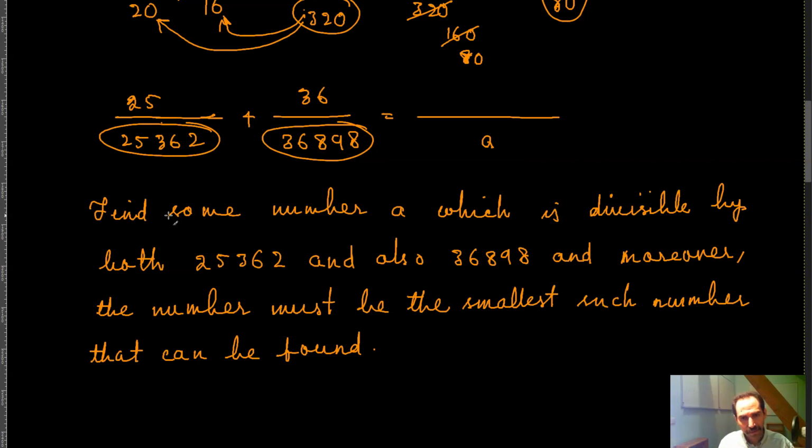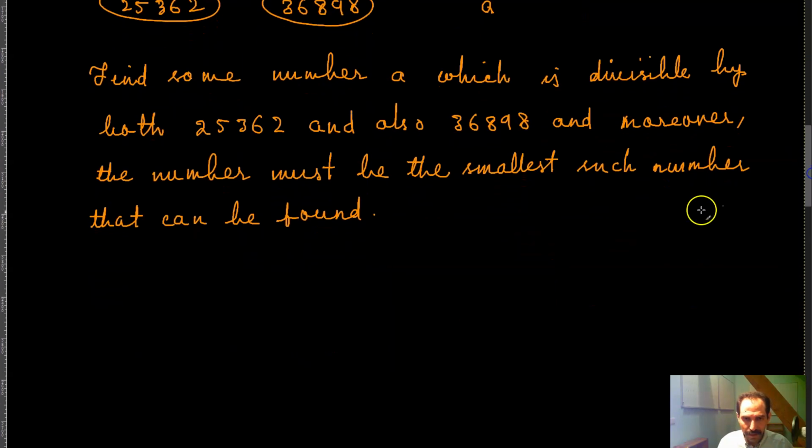Now I want to know if it's possible to find some number which is divisible by both of these numbers, and possibly not be as large as the product of both of those numbers, right? And so now, in order to solve that sort of problem, you need to understand the concept of LCM, which is the least common multiple.